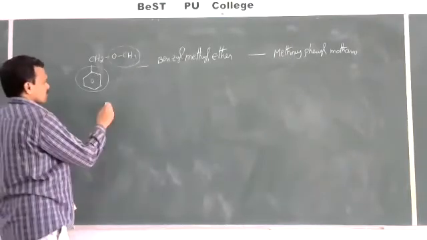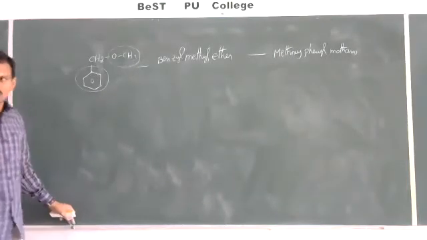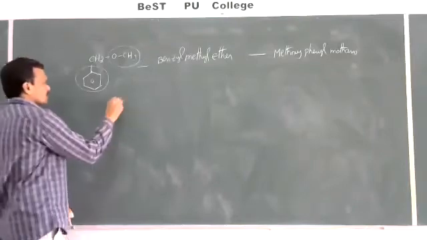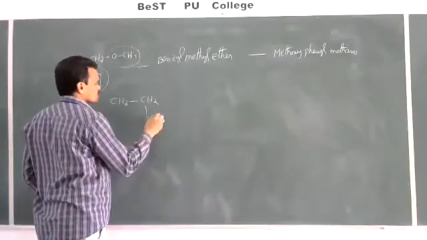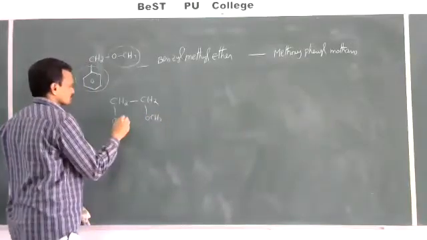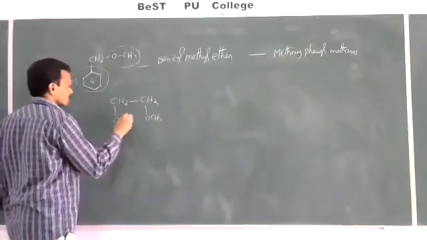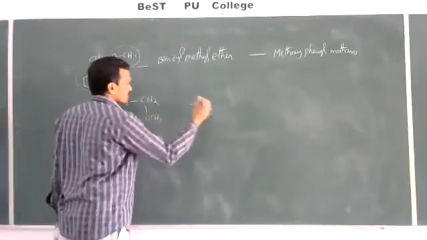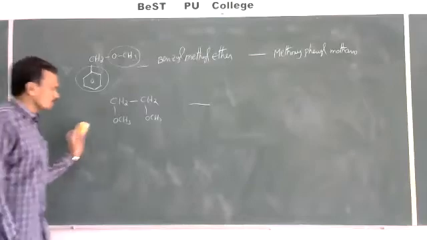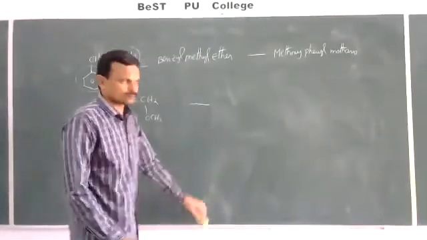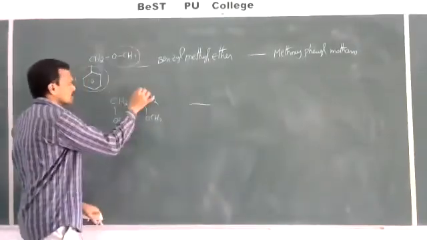Now suppose two or more alkoxy groups are there. For example, CH2, CH2, OCH3, OCH3, like this. There is no common name for this. We will write the IUPAC name only. No common name for this compound. Now see here, 1, 2.